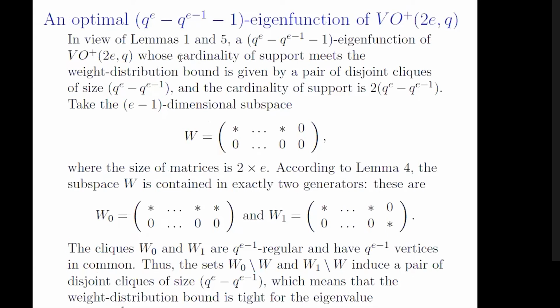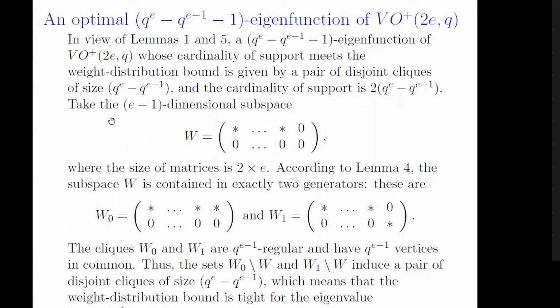So let us present a construction of an optimal eigenfunction of such an affine polar graph corresponding to its positive non-principal eigenvalue. In view of lemmas 1 and 5, such an optimal eigenfunction, if it meets the weight distribution bound, is given by a pair of disjoint cliques of size q^e minus q^(e minus 1), and the cardinality of the support is 2 times this difference.